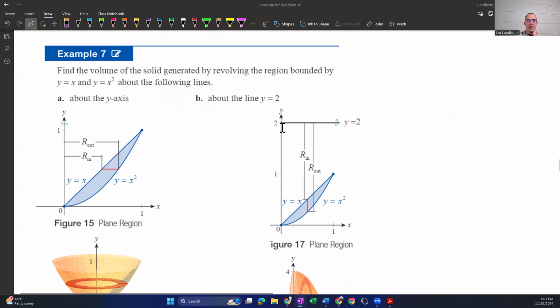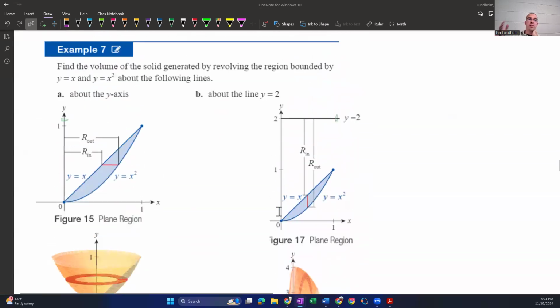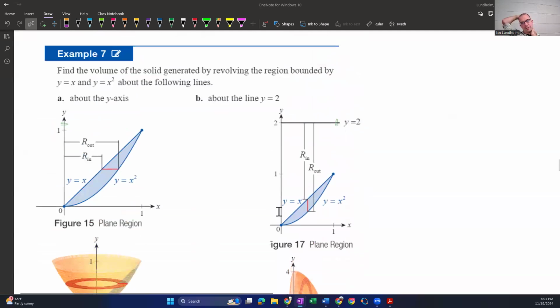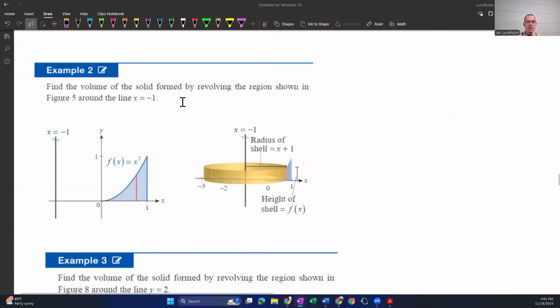If we were going about the line y equals 2, we would be rotating around something that was parallel to the x-axis, but it's still perpendicular to this line segment, so we could do it using a washer. We could totally do that using a shell method as well. But yeah, those are some more shapes that we'll do.